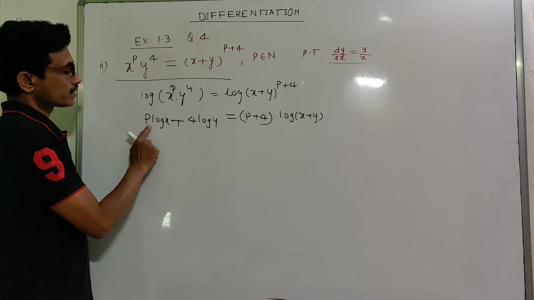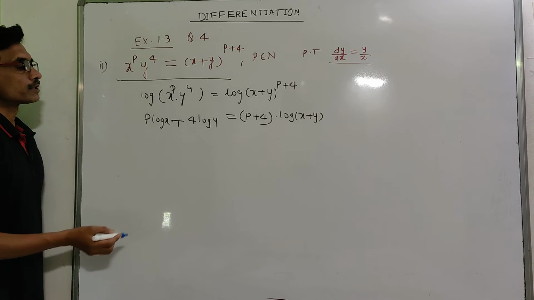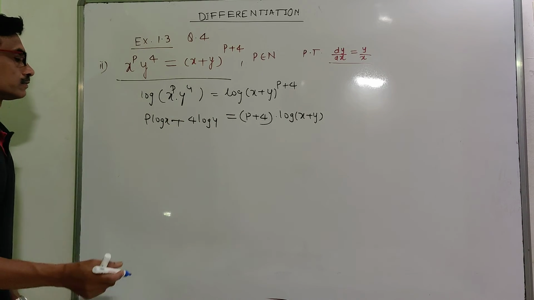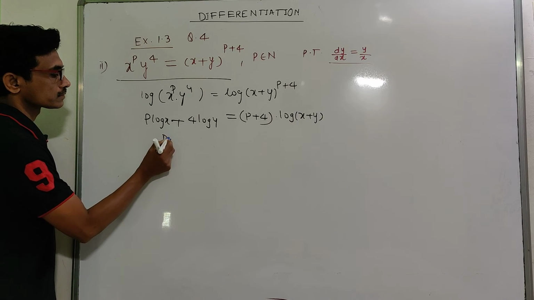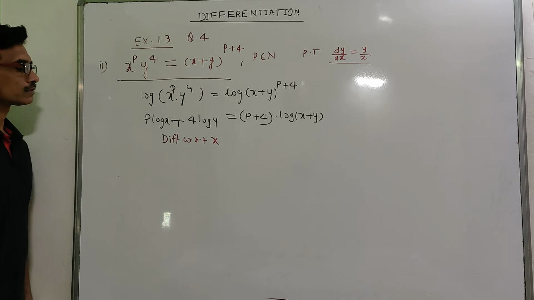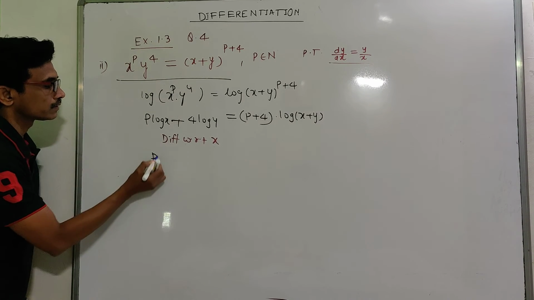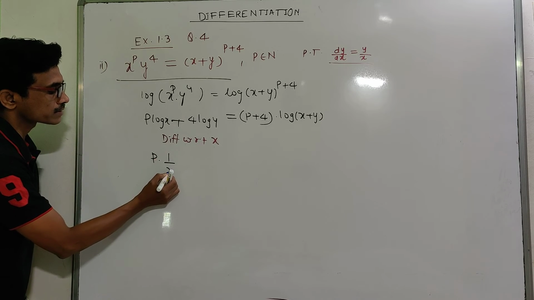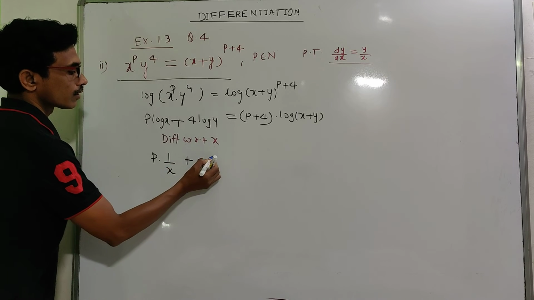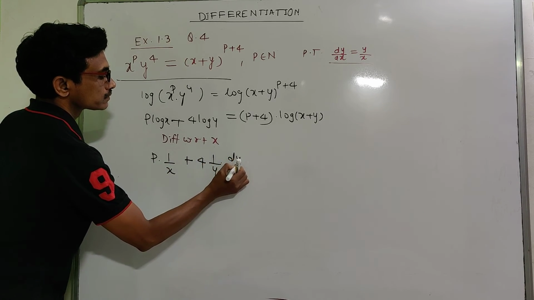Log m raised to power n is n log m. Now after this simplification we differentiate with respect to x. Differentiation will give us p constant, derivative of log x is 1 upon x, 4 constant, derivative of log y is 1 upon y into dy by dx.